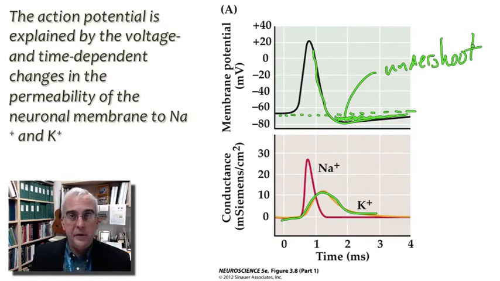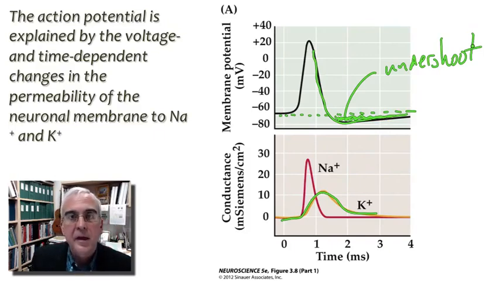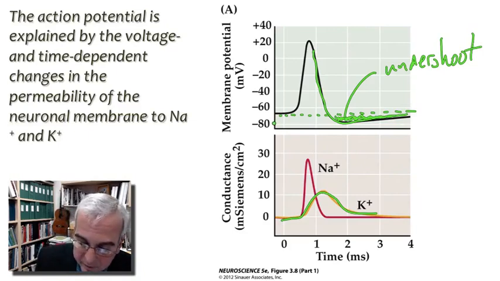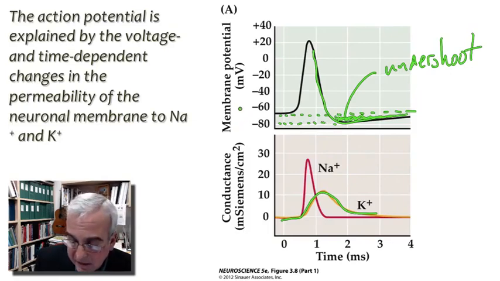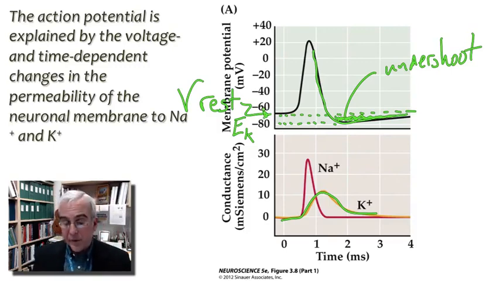Now, when we first considered the ionic basis of the action potential, in principle, it was sufficient to say that the resting membrane potential is approximated by the Nernst equilibrium potential for potassium. Now we can state that that's not exactly the case. The Nernst equilibrium potential for potassium is actually much closer to the nadir of this undershoot. The actual resting membrane potential, I'll call it V rest, in this case is about minus 65 millivolts.